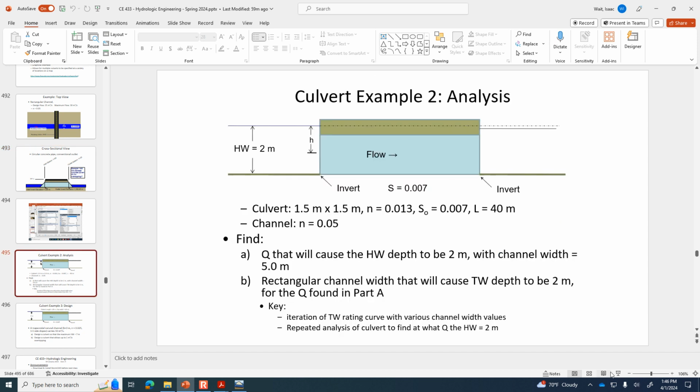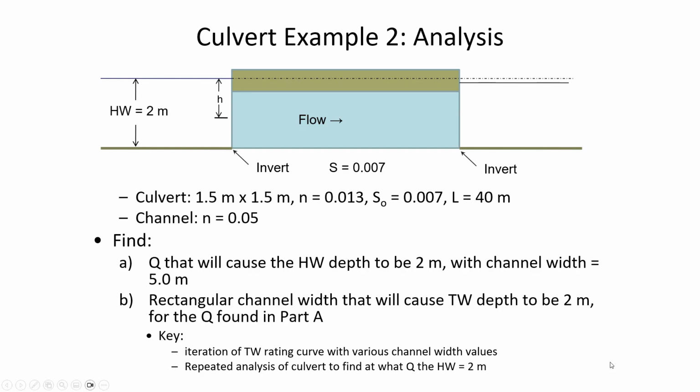All right. So we've got a culvert that's 1.5 meter by 1.5 meter. So it's not circular, it's a box culvert. It looks like it's made out of concrete, just based on this N value of 0.013. We know the slope of the culvert, we know its length, and we know the slope and the N value of the channel downstream.